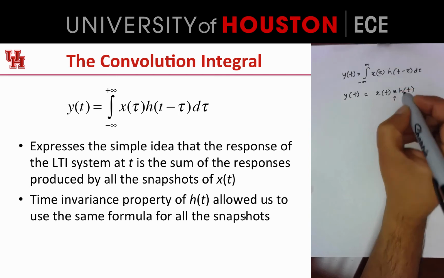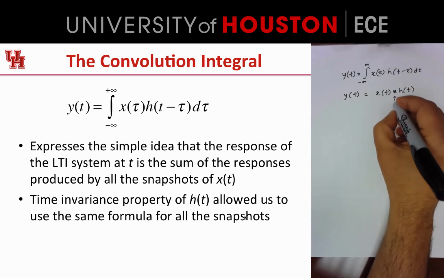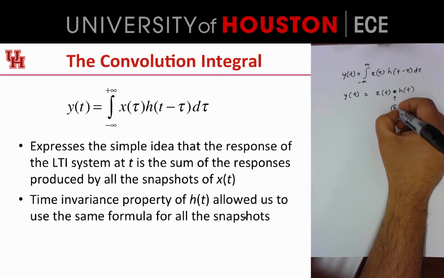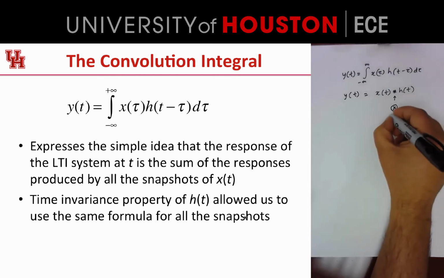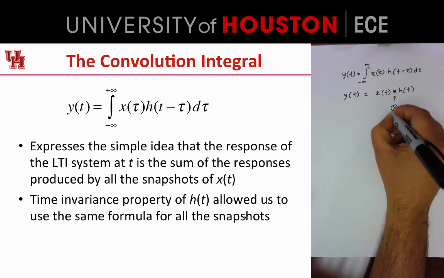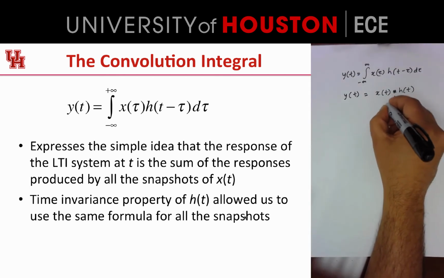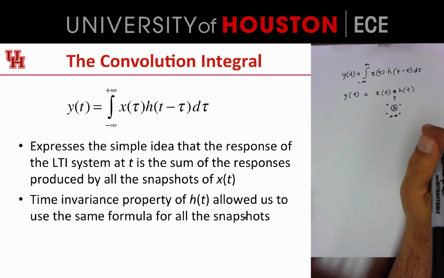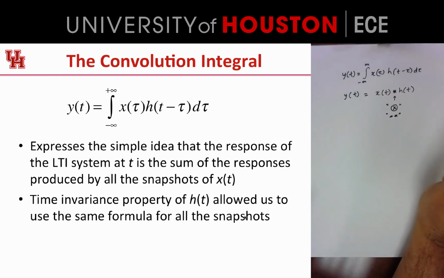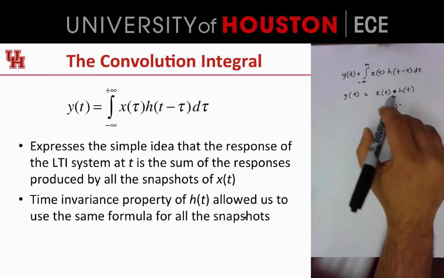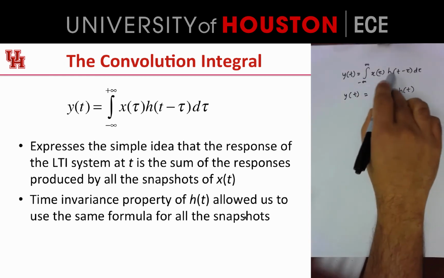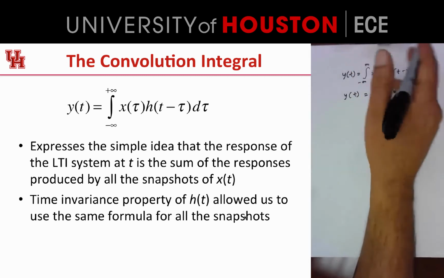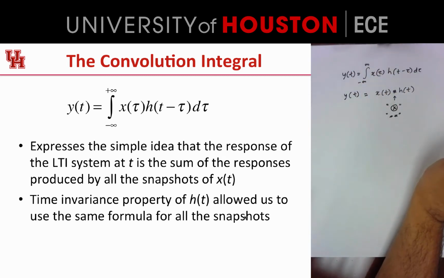This is the convolution symbol. Now in some textbooks they use a symbol like that. In some other textbooks they use two asterisks. So you're going to see a little bit of variety in terms of notation, but essentially they all mean the same thing. It's a convolution symbol. This is a lot more convenient to write compared to that, because all these integrals are a lot to write. Are you all with me?